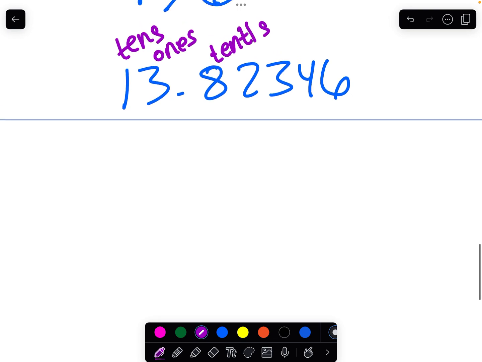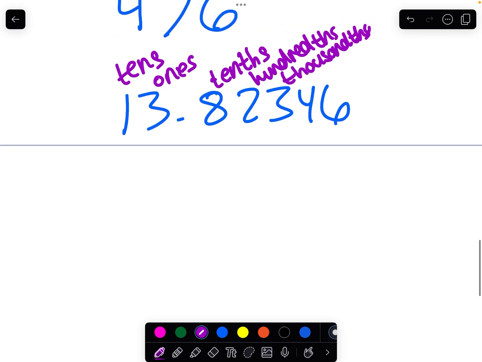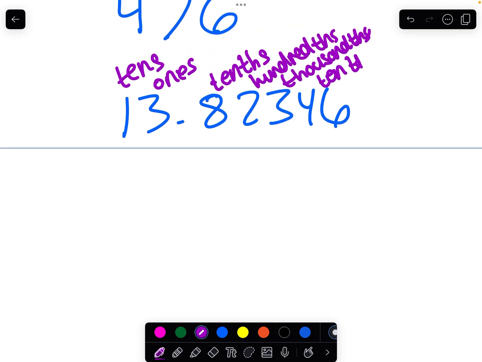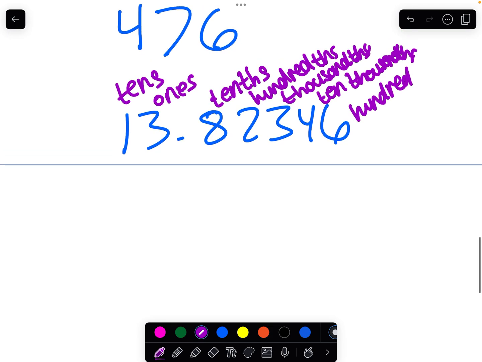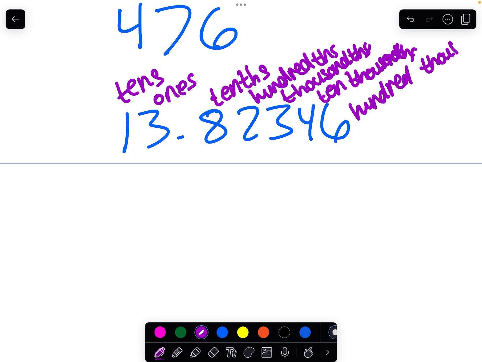My H won't show. There we go. Hundredths, thousandths. Ooh, ten-thousandths and hundred-thousandths. I have no more space.